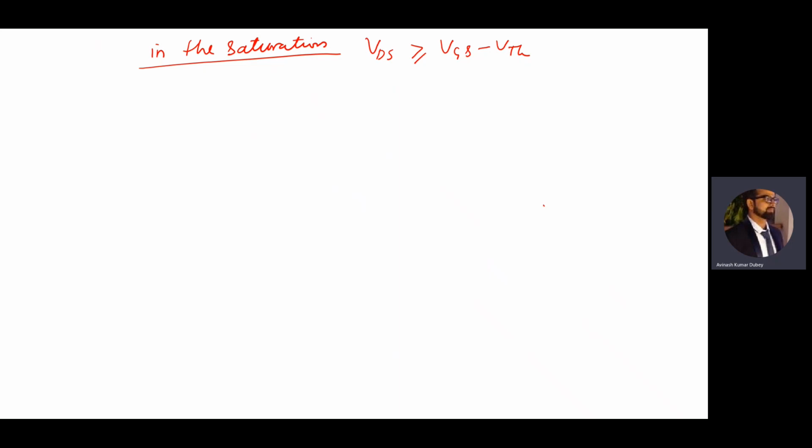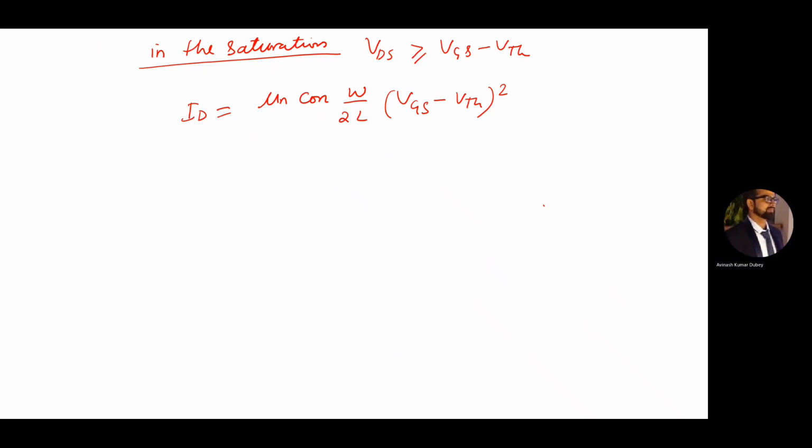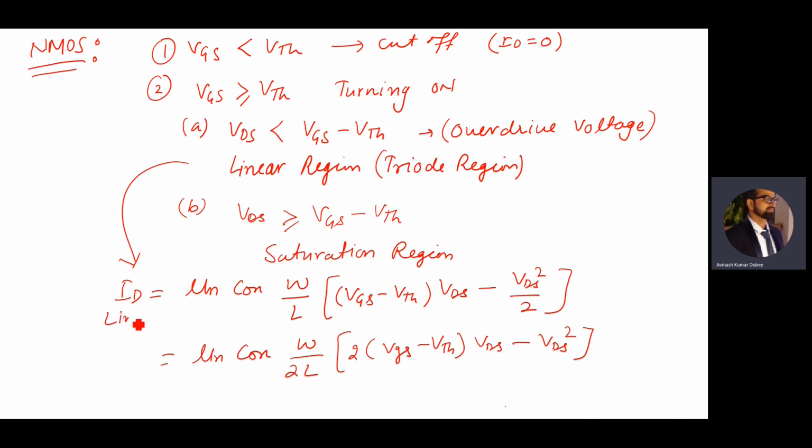If you replace VDS with VGS minus VTH in the previous equation, then ID is mu1 COX W by 2L, VGS minus VTH whole square. So this is the current in the saturation region. We can call it ID saturation, and the previous one ID linear or ID triode.